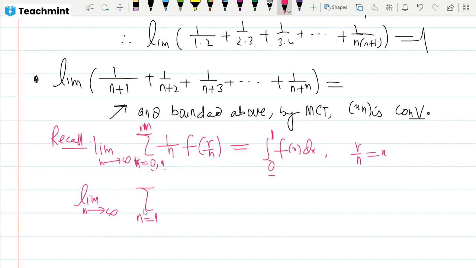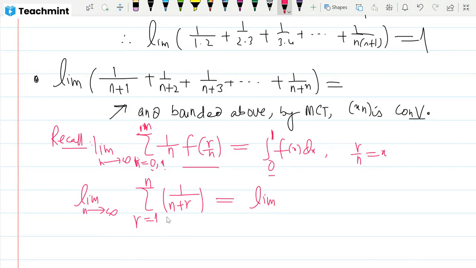So this is the sum for r equals 1 to n. Now I am trying to write it in the form of this one: 1 by n plus r. Can I write this? Yes, we can write.